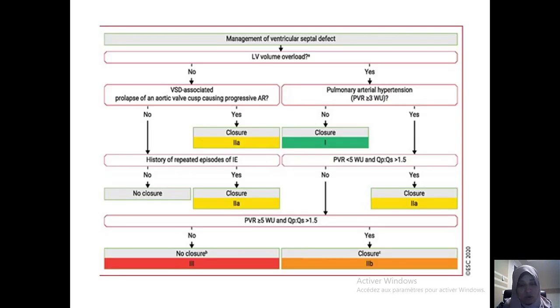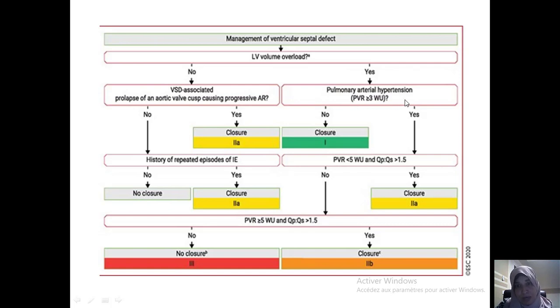According to the European Society of Cardiology, we should ask the first question: is there or is there not left ventricle volume overload? If yes, we should evaluate pulmonary arterial pressure. If there is pulmonary arterial hypertension, we should complete with a catheterism to evaluate pulmonary vascular resistance.